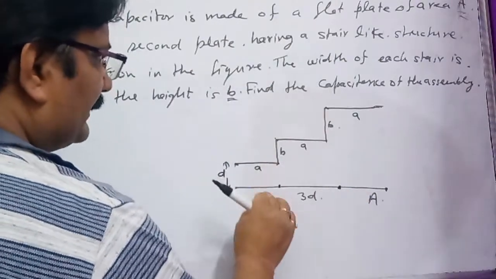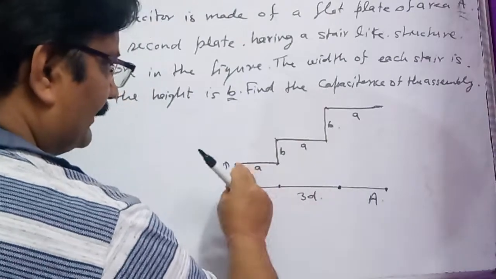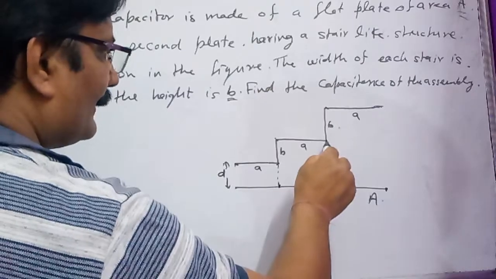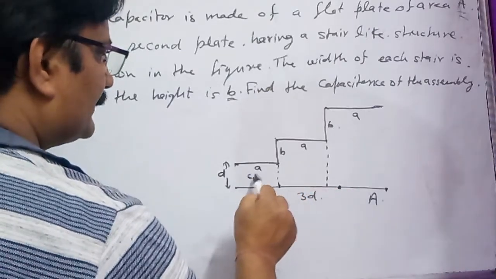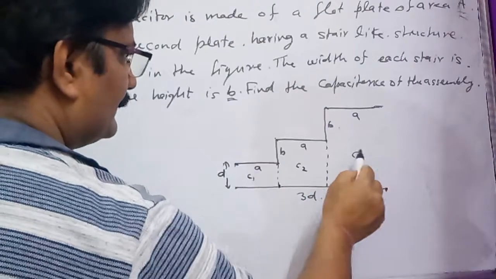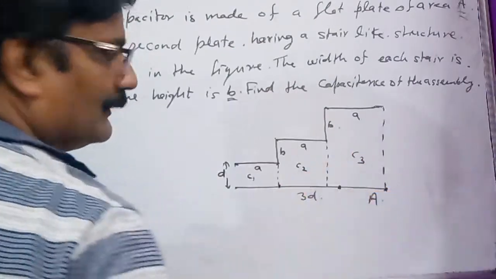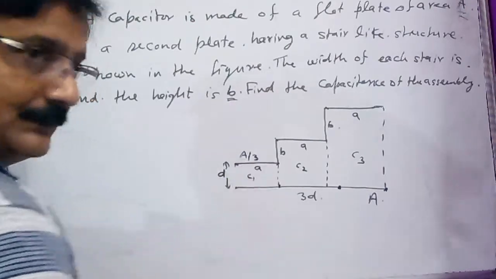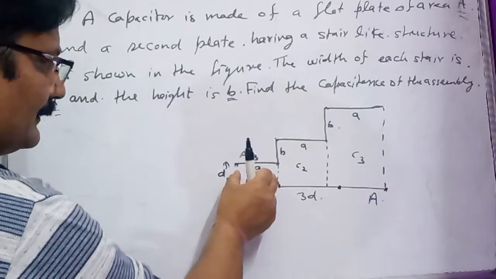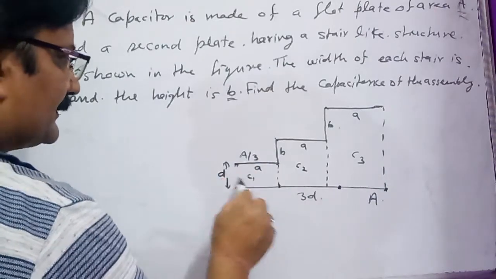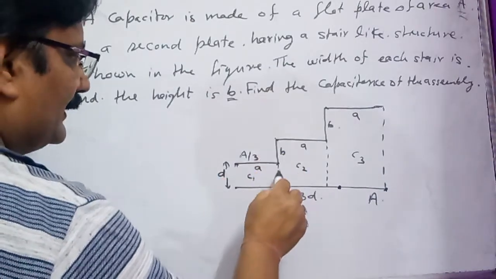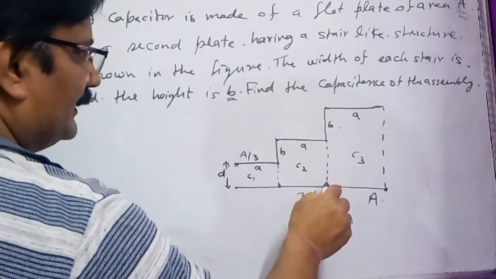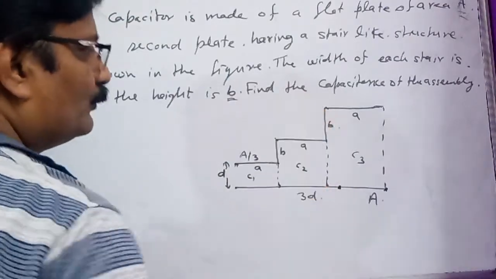So between the flat plate and the stair-like plate, three capacitors are being formed: C1, C2 and C3. The plate area of each capacitor is A by 3, but the separation between the plates for this capacitor is D, for this capacitor is D plus B, and for this one is D plus 2B.